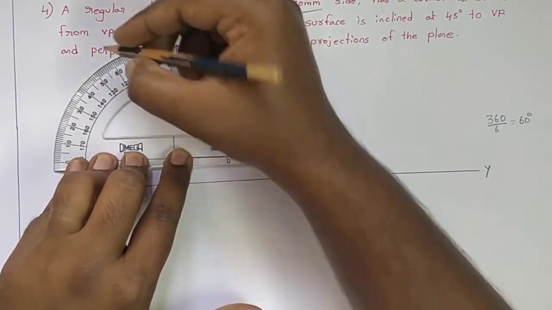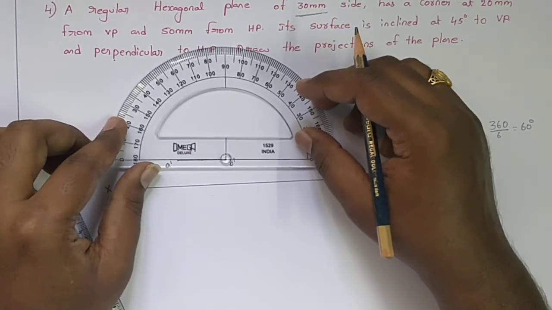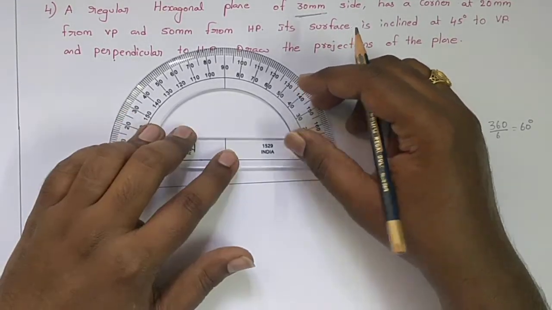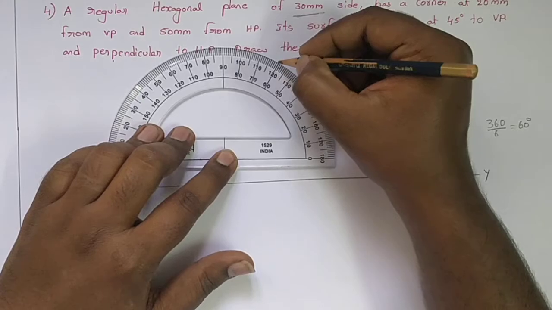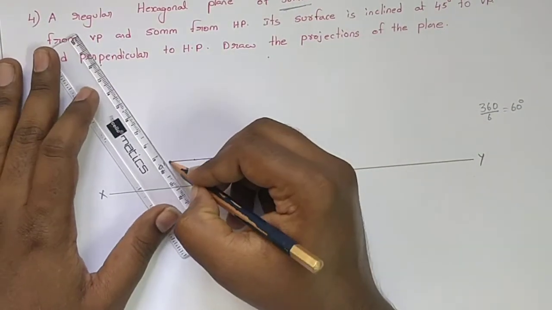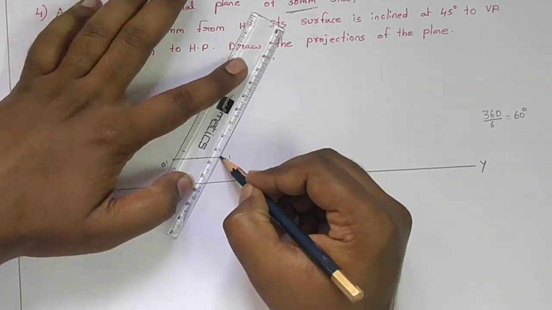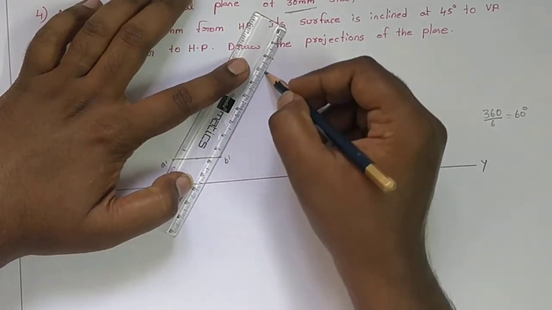Measuring 40, 50, 60, it is the 60 degrees. Similarly on this side, 30, 40, 50, 60. These two lines make a 60 degree angle with the horizontal.